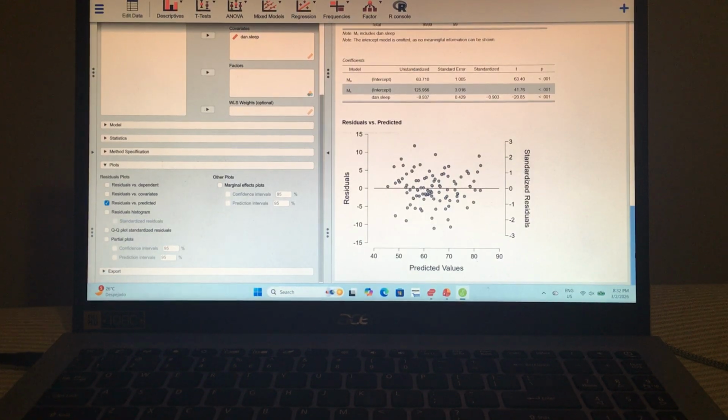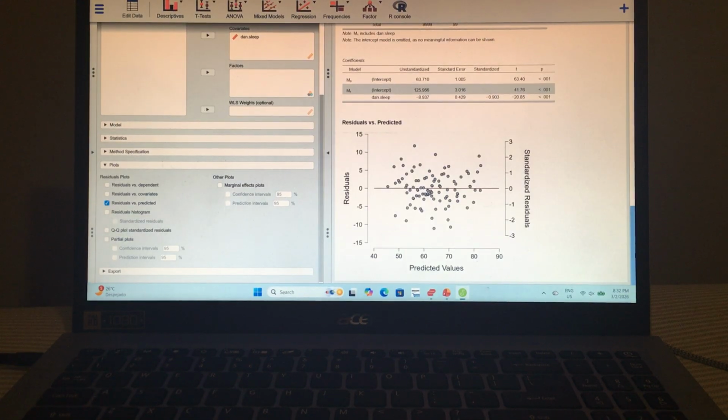And in the independence of errors, we want to see a blob. This is good, we meet that assumption.